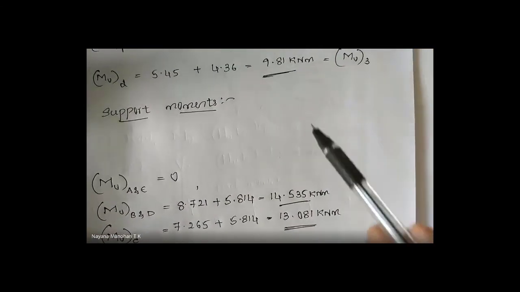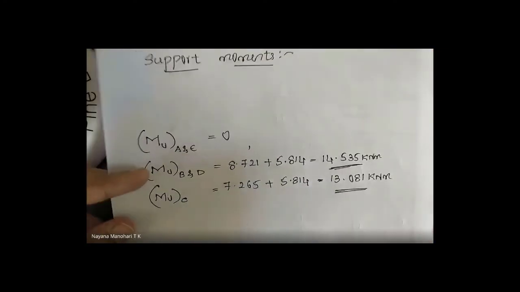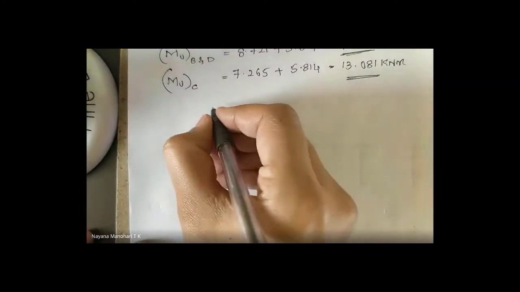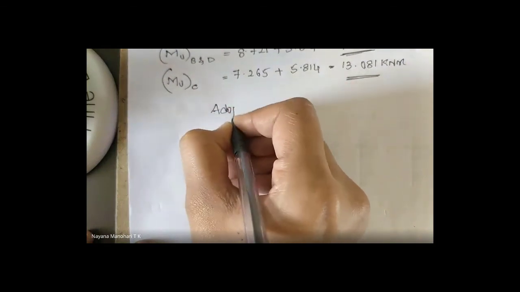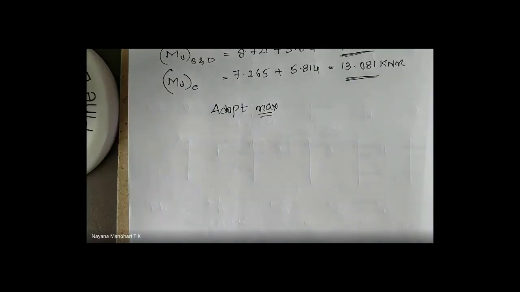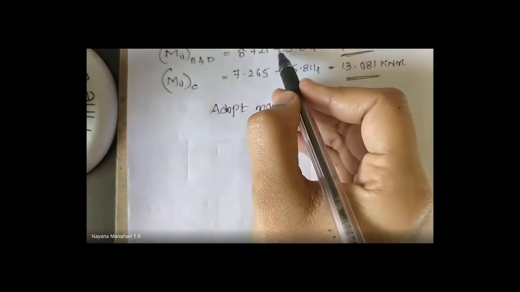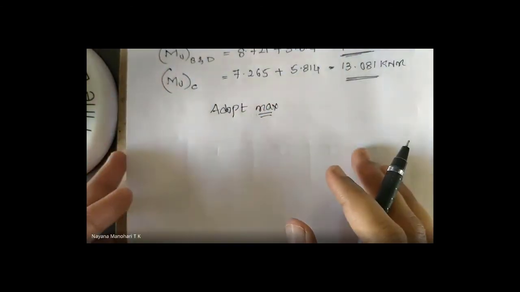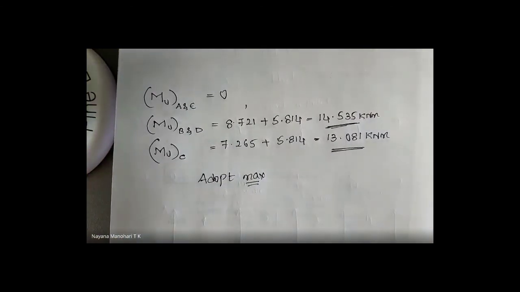So in these four values, you need to adopt maximum moment value. Okay, take down now. Adopt minus 14.5. Even though it is negative, if you negative means you will plus only, right? The support moment, it is always negative.